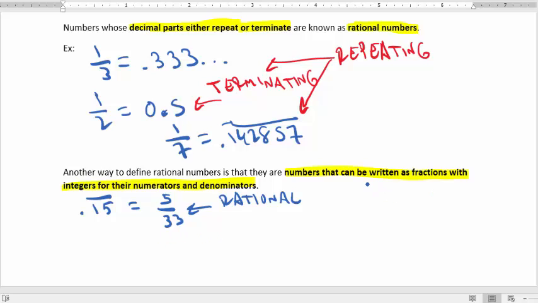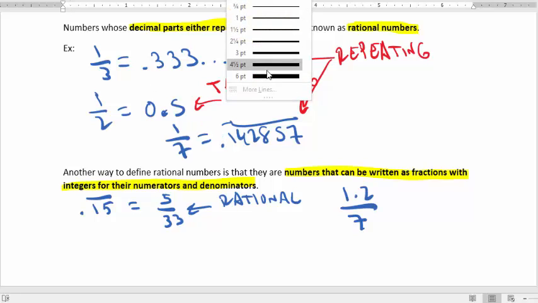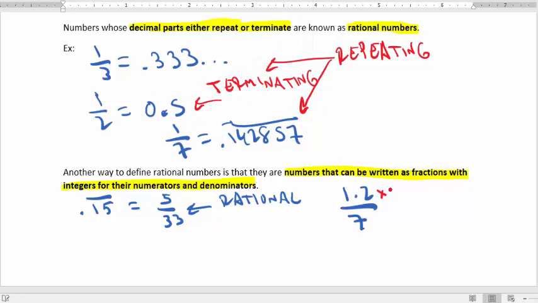And you can even do that with things that are fractions but aren't like that yet, right? So like if I had 1.2 over 7, that's not an integer numerator, but how can I turn 1.2 into an integer? I can rewrite this fraction by multiplying the top and the bottom by 10.